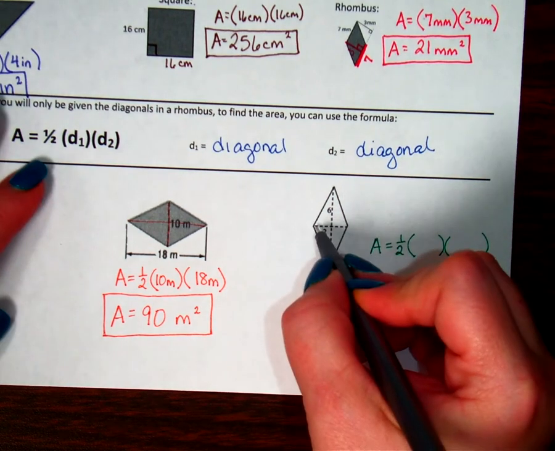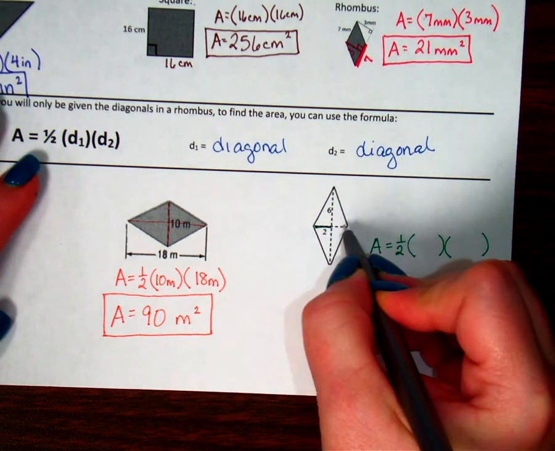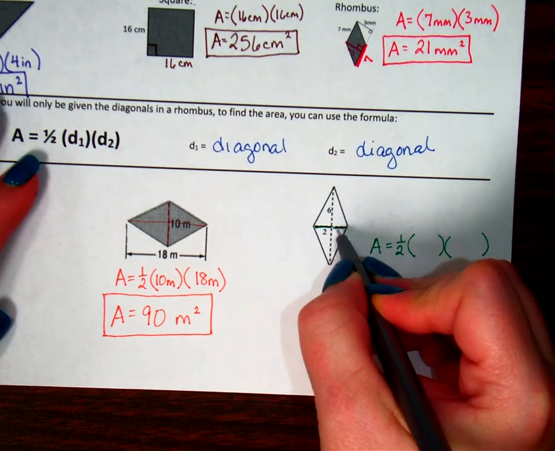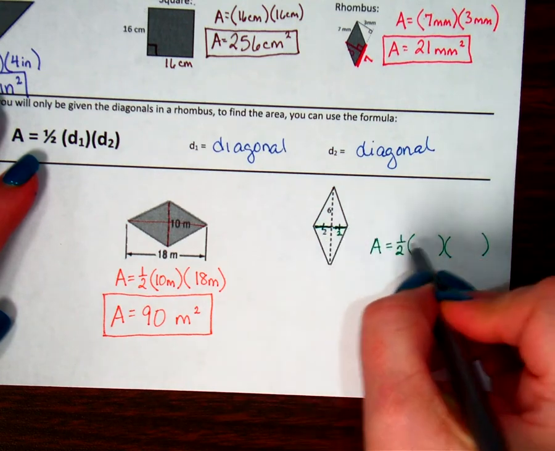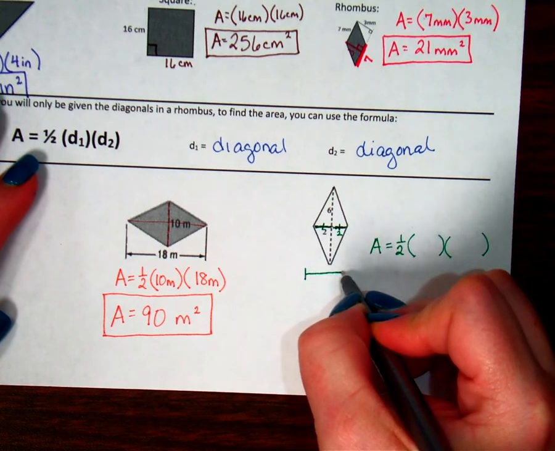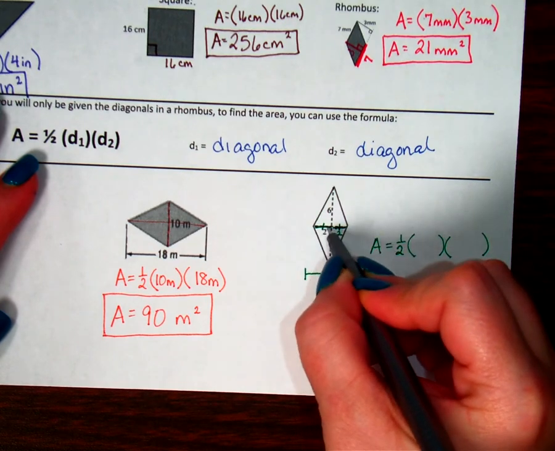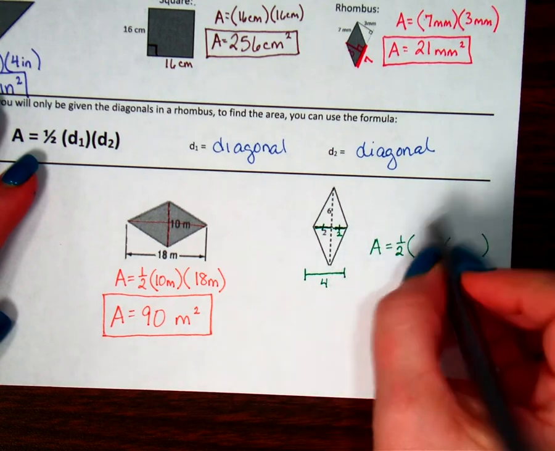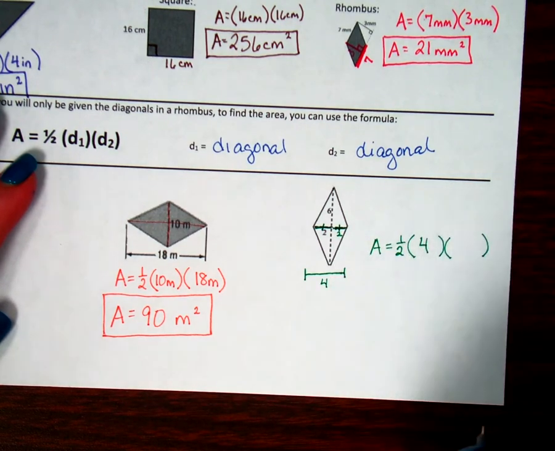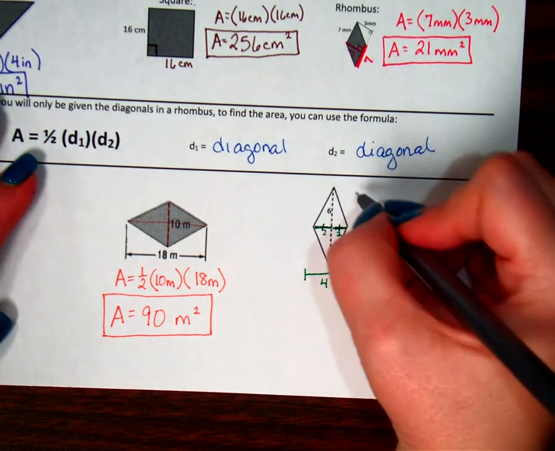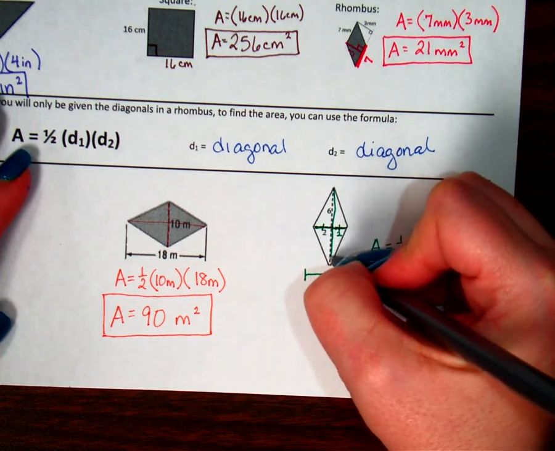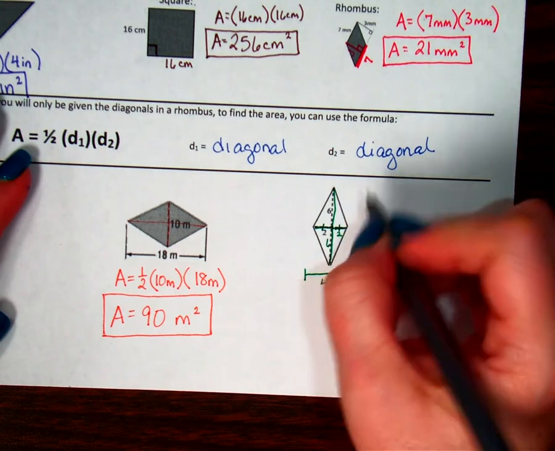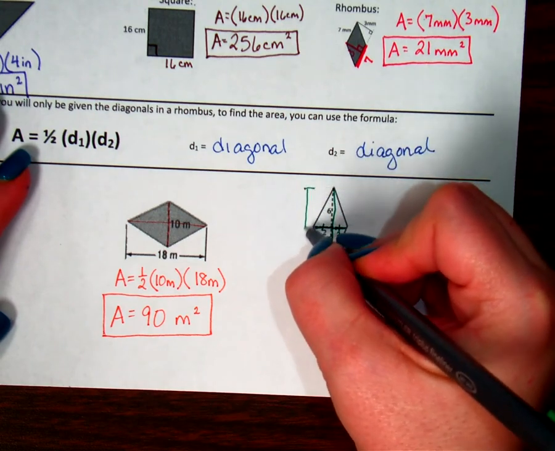I know that if this side is 2, this side is also 2, because they're the same. So that whole diagonal, from here to here, is 2 and 2, it's 4 units. Okay, my second diagonal: if this piece here is 6, that means the piece underneath it is also 6, because parallelograms have bisected diagonals.